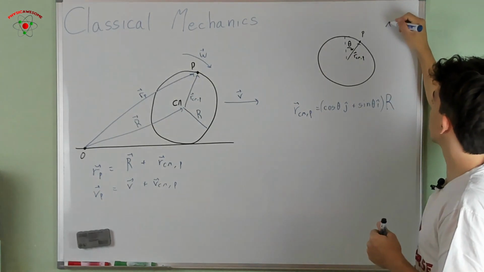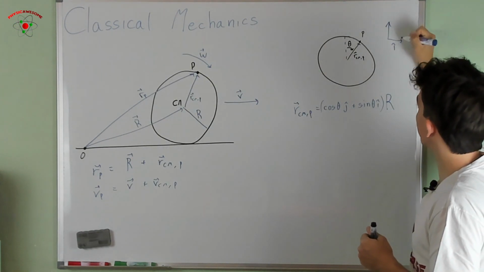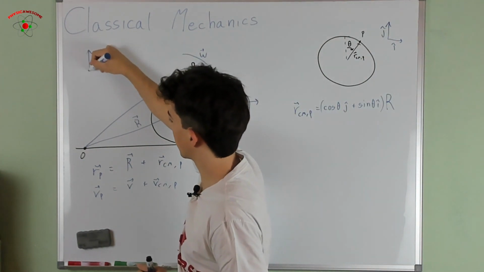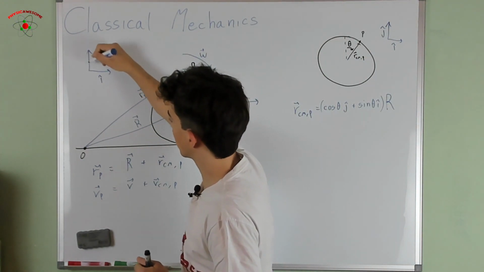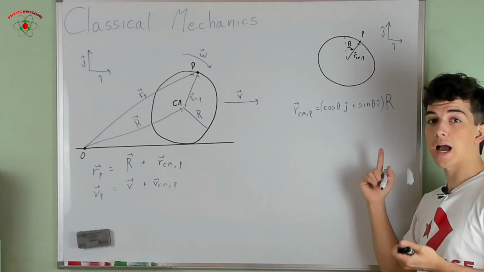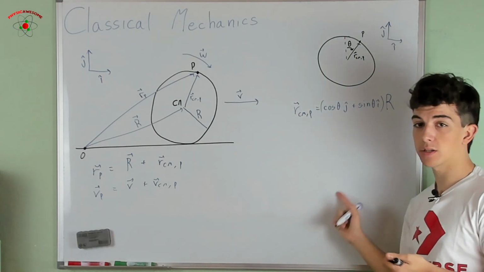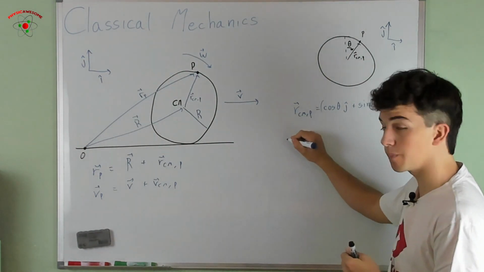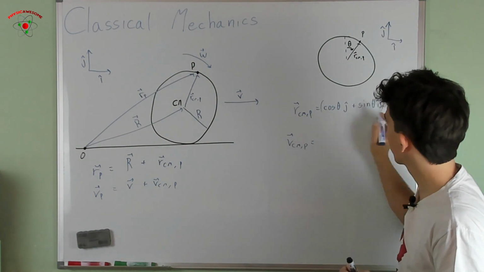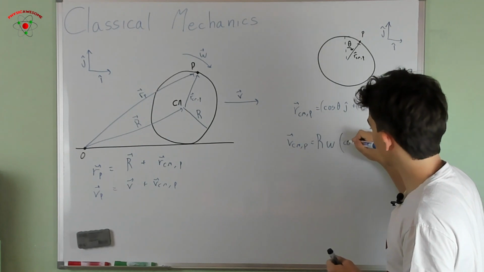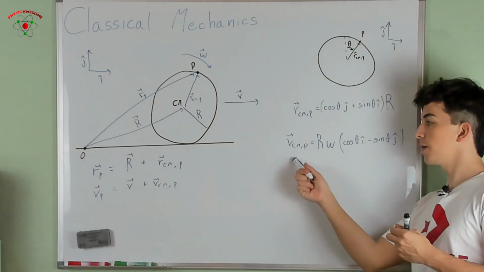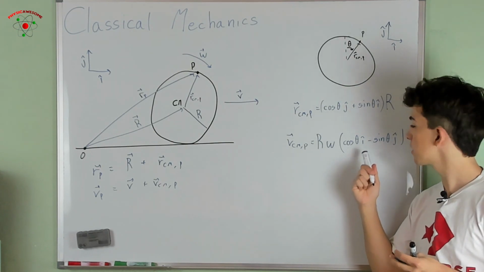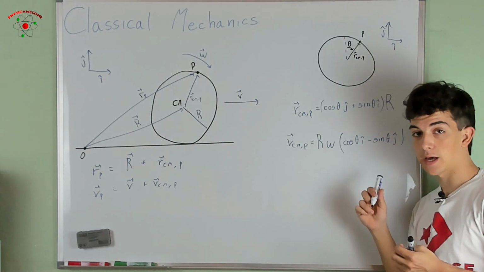And of course, we are using our usual vectors that we should denote also in our system over here. Now, if we differentiate this quantity to find this velocity, we find that this velocity is equal to Rw times cos theta i hat minus sine theta j hat.